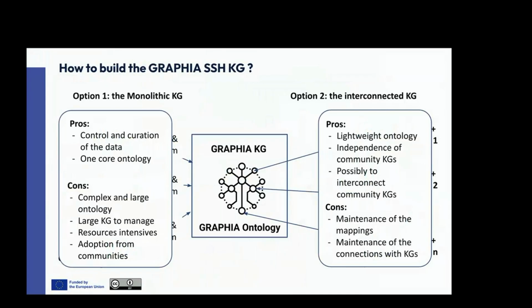Although that comes with negative aspects. You need to get the communities to adopt that humongous ontology that covers the whole social science and humanities. And that is going to be really a lot of work, a lot of discussions, and so on. You will have a very complex and large ontology. So there are ways of designing this kind of thing.